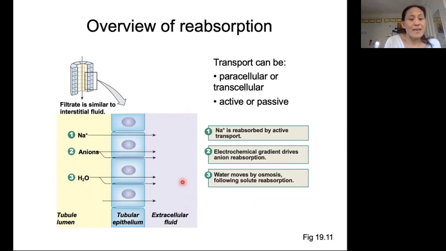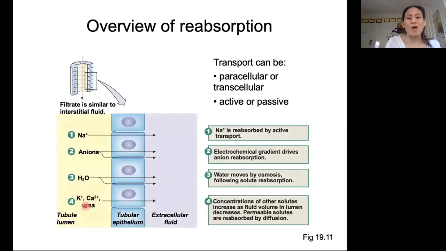All right, and then finally, now that we are moving water out of the tubule lumen, we're leaving behind a bunch of solutes here. And since we're taking water away, the concentrations of those solutes are increasing in the tubule lumen. Therefore, as a result of that, they follow their concentration gradient out of the tubule lumen to the extracellular fluid, okay?